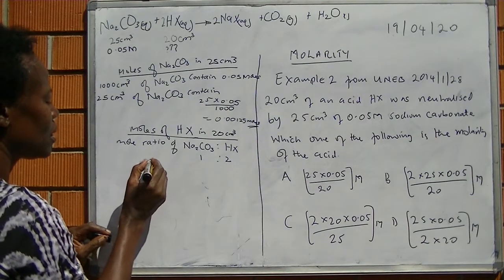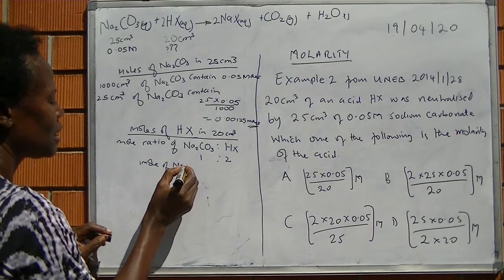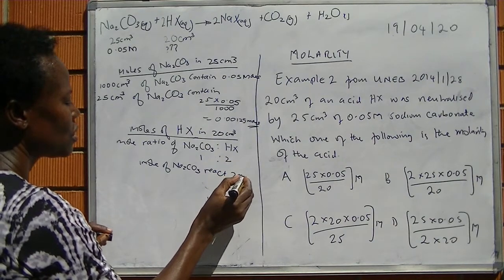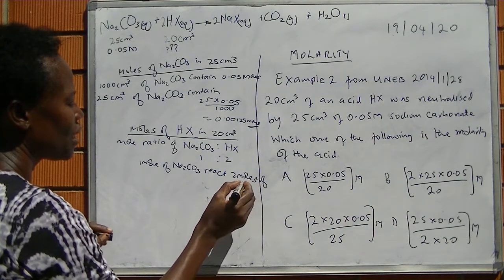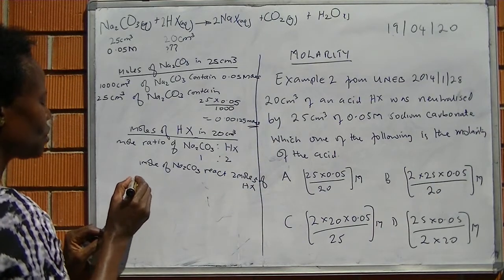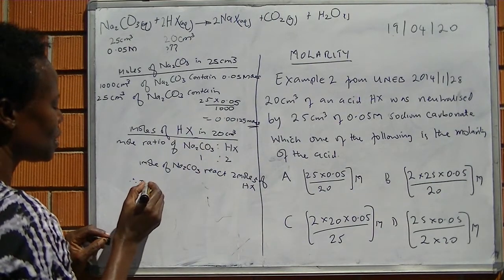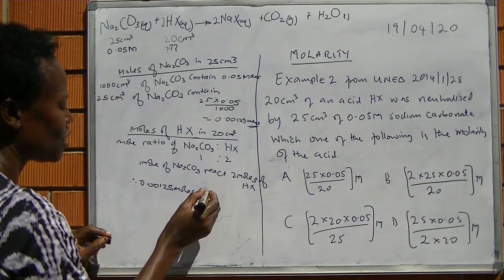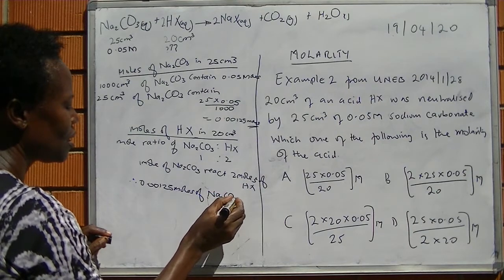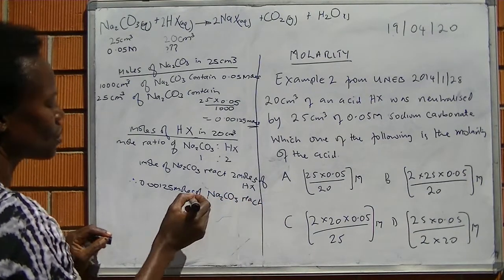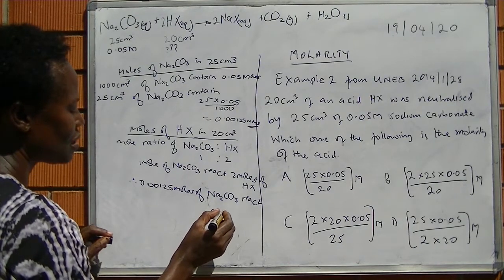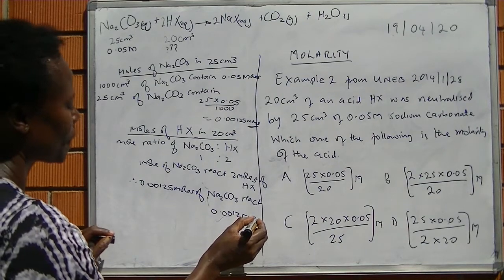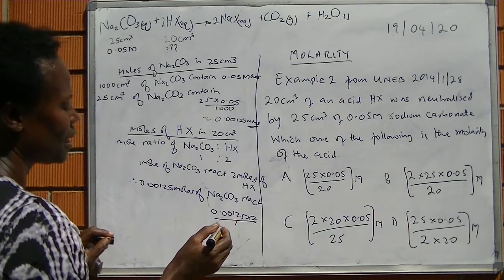1 mole of sodium carbonate reacts with 2 moles of HX. What about the one we have obtained, which is 0.00125 moles of the sodium carbonate will react with, then we cross multiply, which is 0.00125 times 2 over 1.